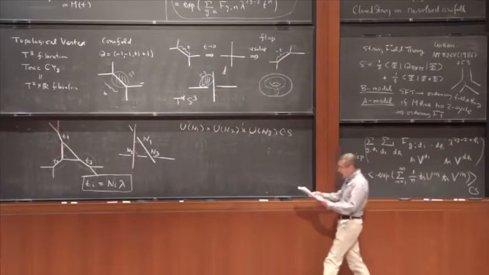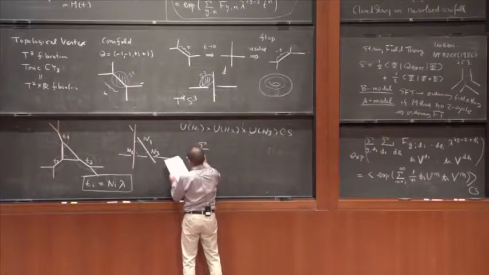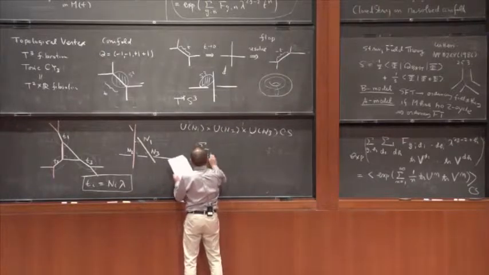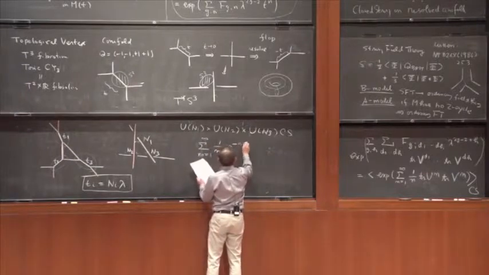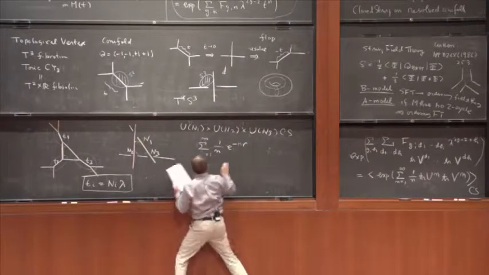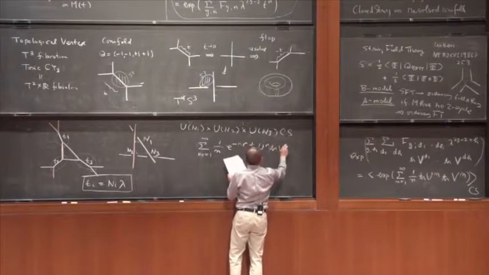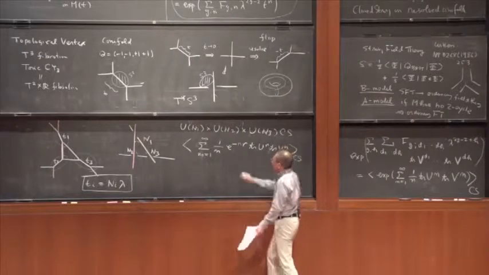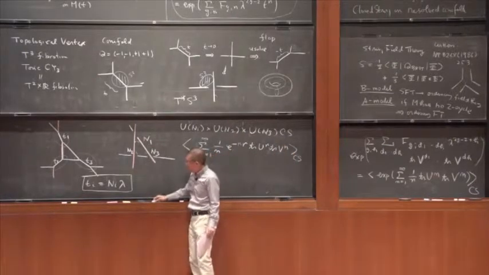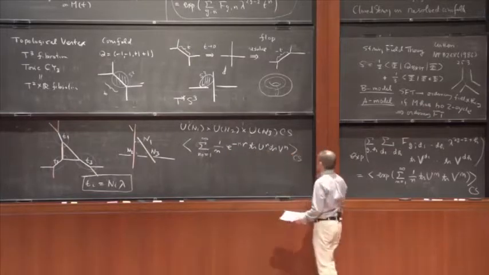Okay? So then, in the end, what you get is basically the sum over n equals 1 to infinity, 1 over n e to the minus n r, where r is the distance between here, times trace of U^n, trace of V^n, and the expectation value of Chern-Simons theory for each one of these factors, with insertion of the bifundamental field over here.